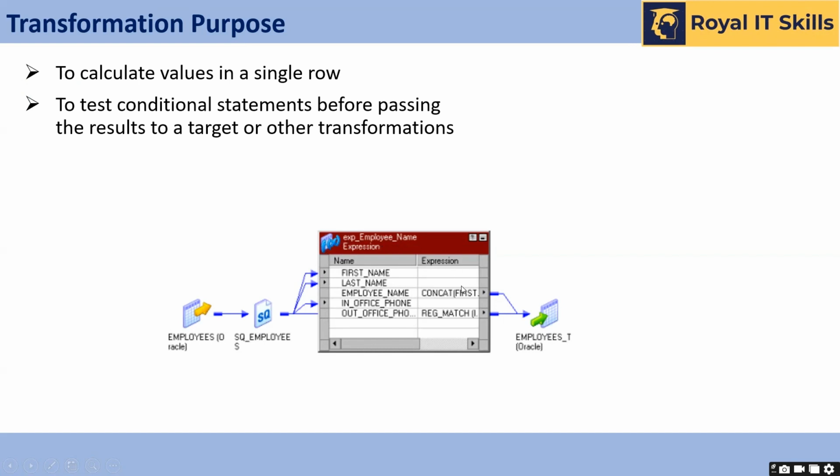So we are doing some calculations at row level, to calculate values in a single row, to test conditional statements before passing the test results to a target or other transformation. So this is how we check expression transformation.